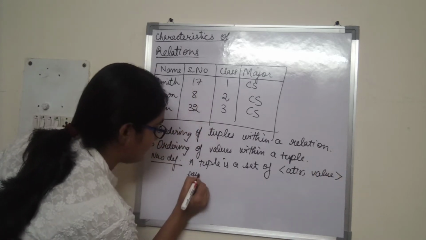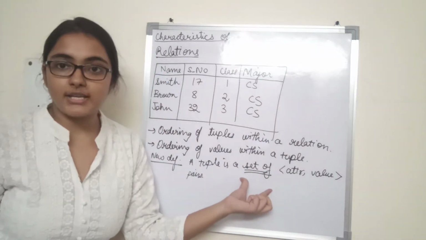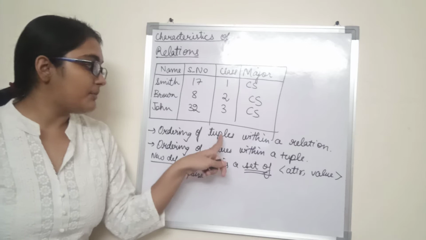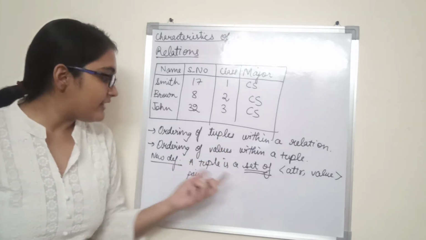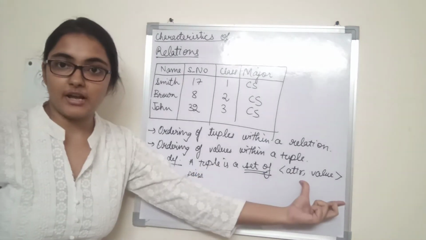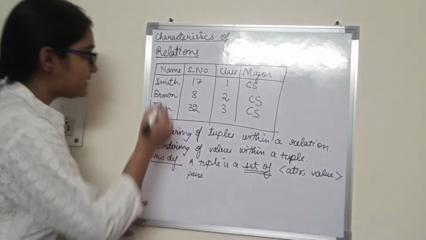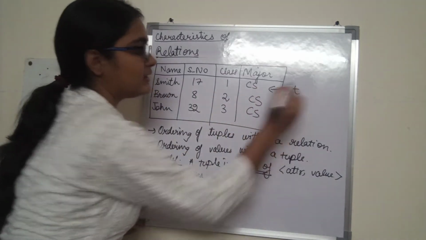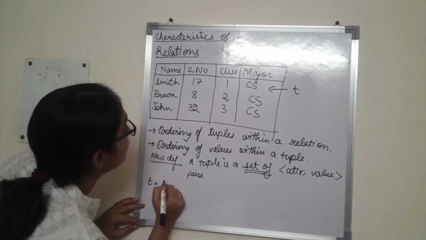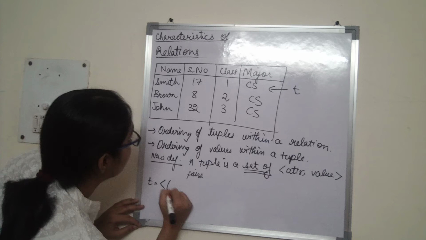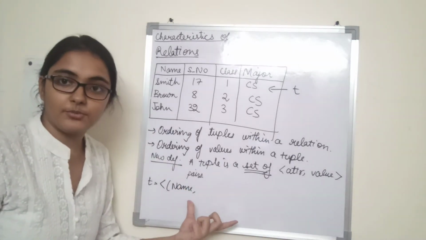When I talk about a set, the ordering becomes unimportant, as we saw in the previous characteristic, right? So in a set, the ordering is not important. So when I define a tuple as a set of attribute value pairs, the ordering becomes unimportant. Let us say this is tuple T. So if I write T, we have to write a tuple as a set of attribute value pairs, right?